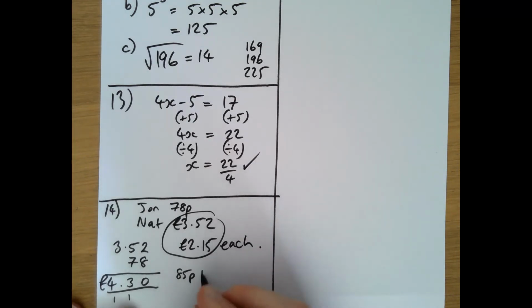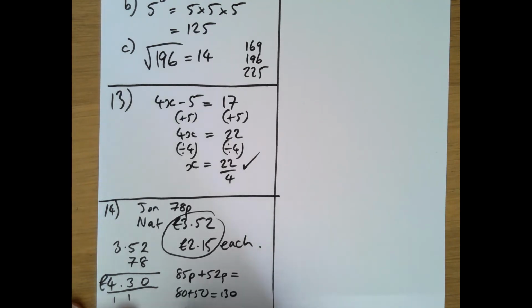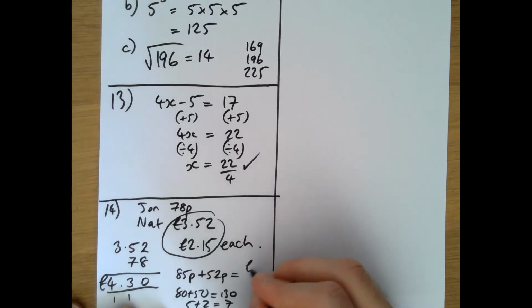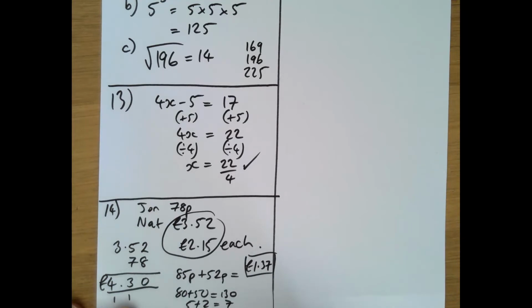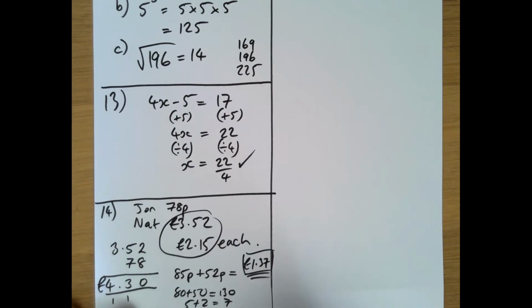I'm then going to need another 52p to get to £3.52. 80 add 50 is 130. 5 add 2 is 7. So that's 137 pence, but they want it in pounds, so it's £1.37. You could check that: £1.37 add 78 is going to be £2.15. So I'm fairly happy that we've got that one correct.